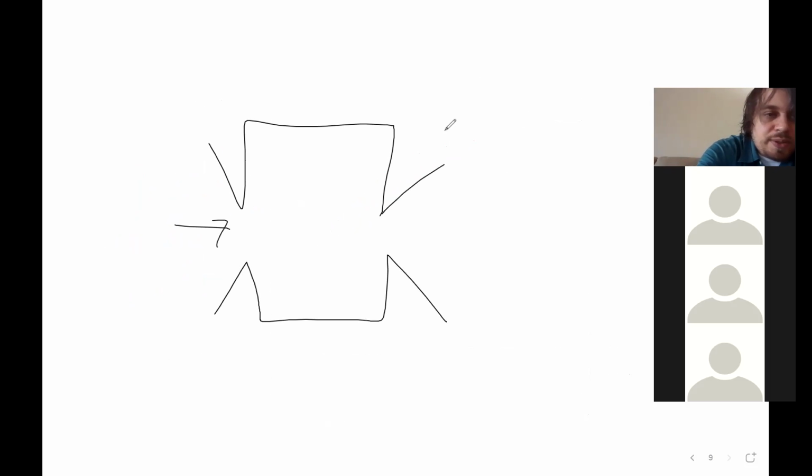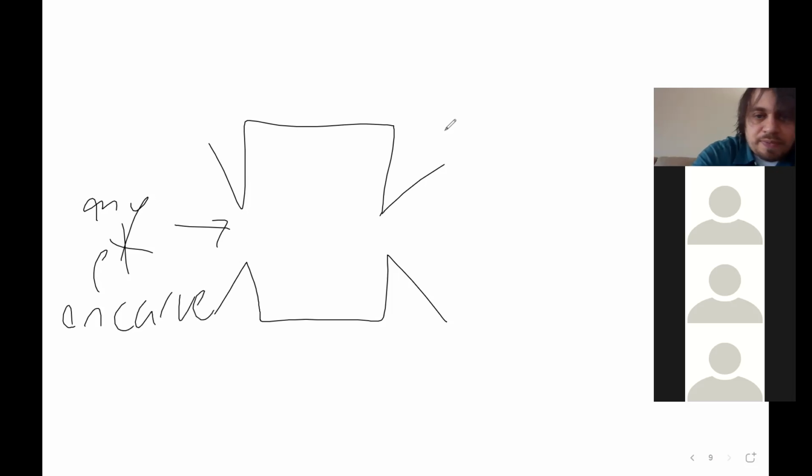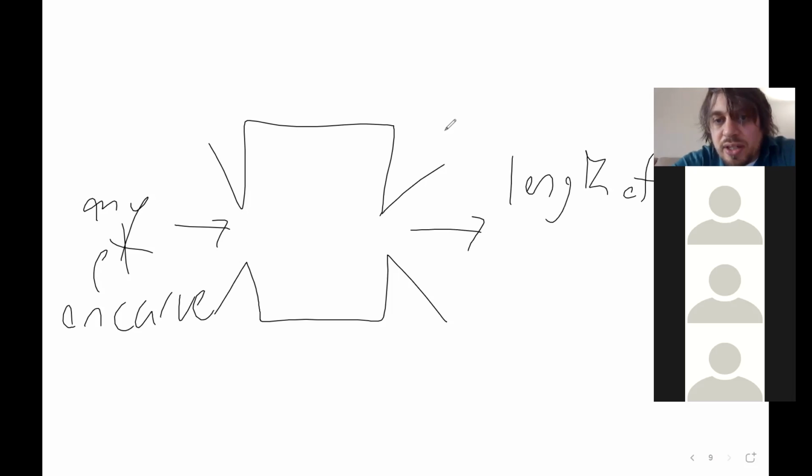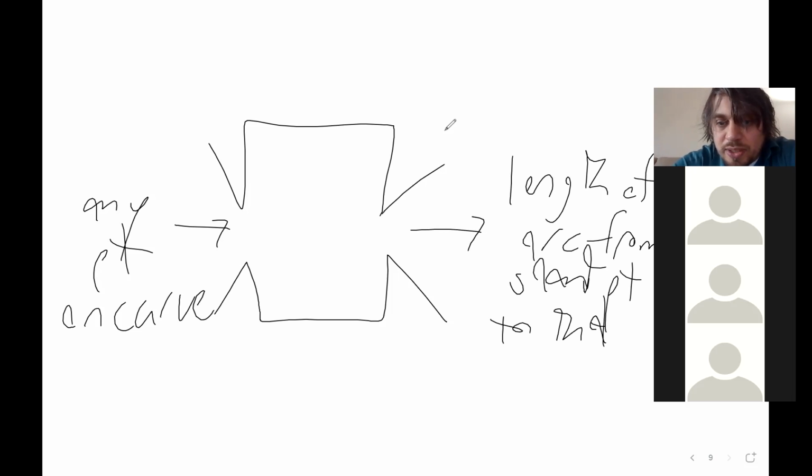If you input any point on the curve, the output is the length of the arc from the start point to that point. Okay?